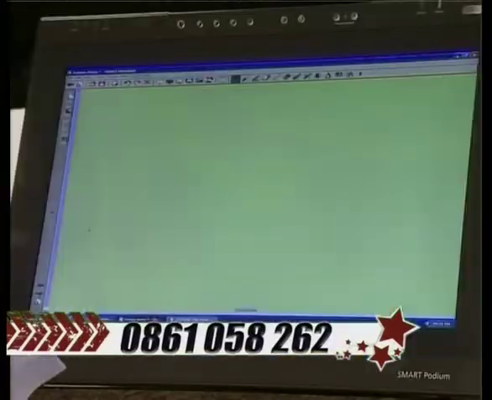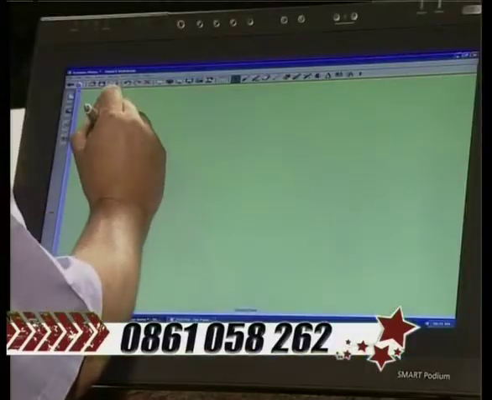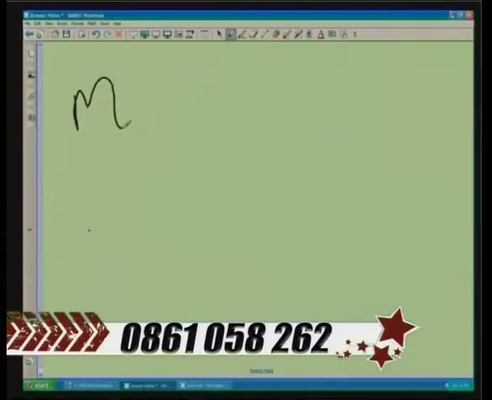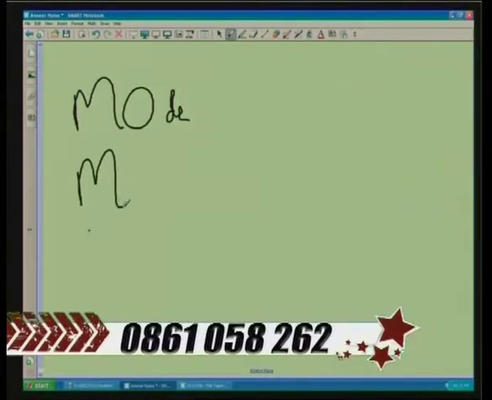The first one is this thing called mode. I'm writing the word like this with a large M-O for a reason. The next thing we're going to look at is this word called median, and again, I've got a big MED for a reason.